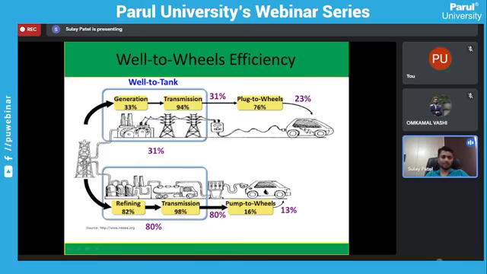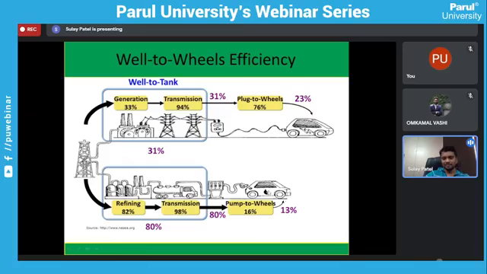As compared to this, in the electric vehicle scenario, we are considering that the electricity is produced only from coal. Then the generation efficiency is 33%, which is lower over here. But you can see that the plug to wheel efficiency is almost 76%.